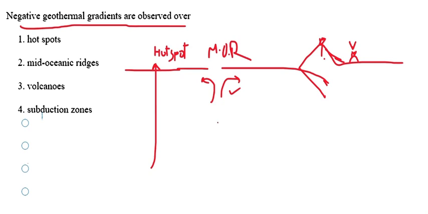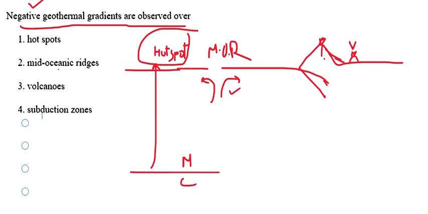Now, if we go with the things, here we are getting high geothermal gradient because the source is from the core-mantle boundary. Okay, we have to tell the negative geothermal gradient.